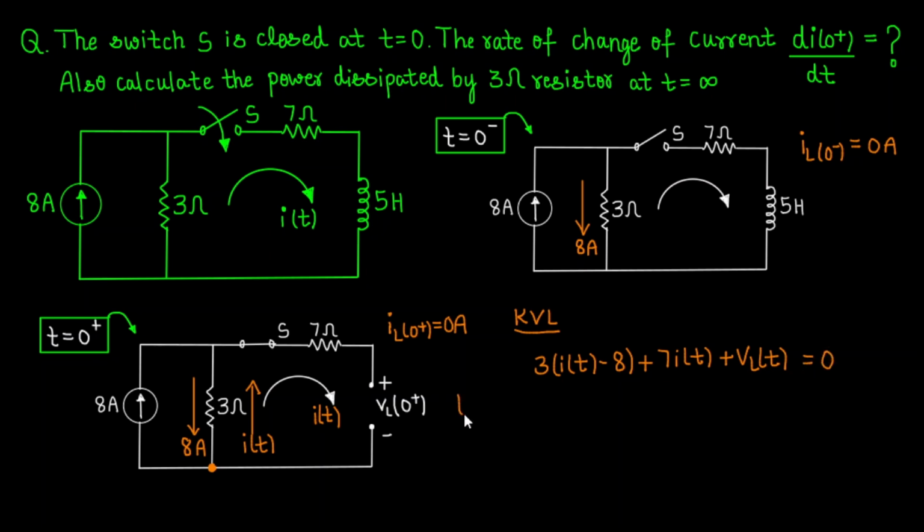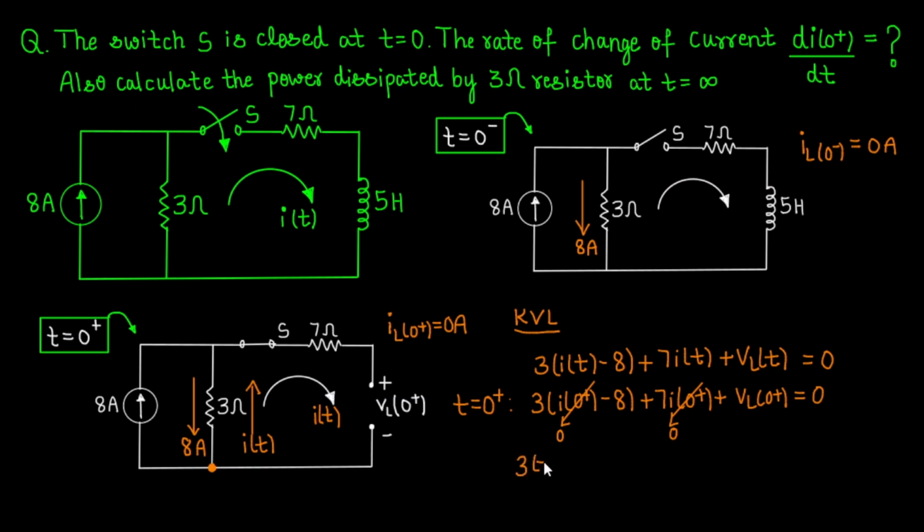Now we are only concerned about the time t is equal to 0 plus because in the question it is mentioned to find the value of d by dt of I of 0 plus. So substituting t is equal to 0 plus in this equation, we get 3 into I of 0 plus minus 8 plus 7 into I of 0 plus plus VL of 0 plus is equal to 0. I of 0 plus here is 0. And we know that VL of 0 plus is L dot d I of 0 plus by dt.